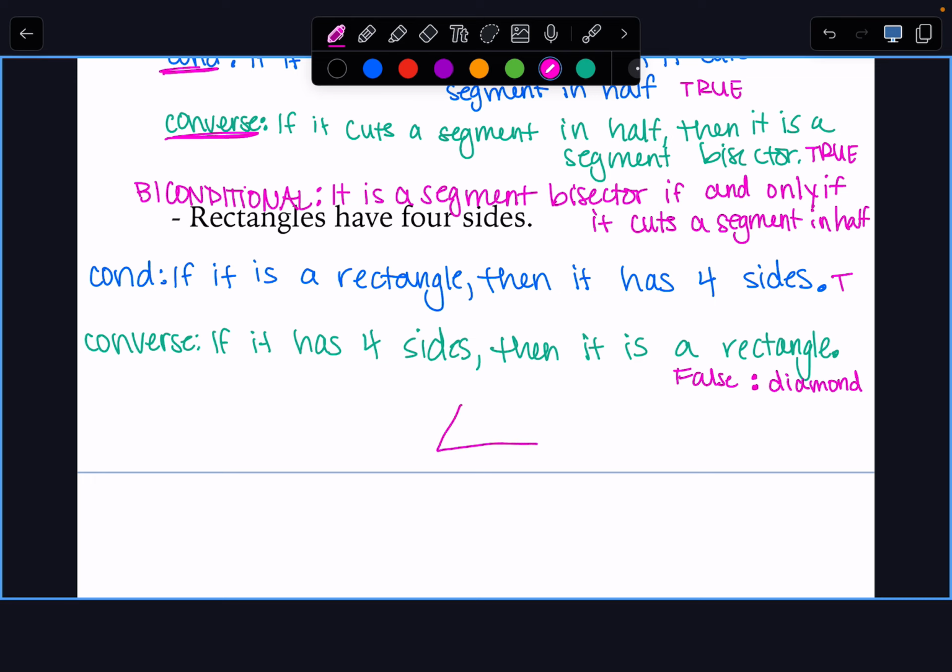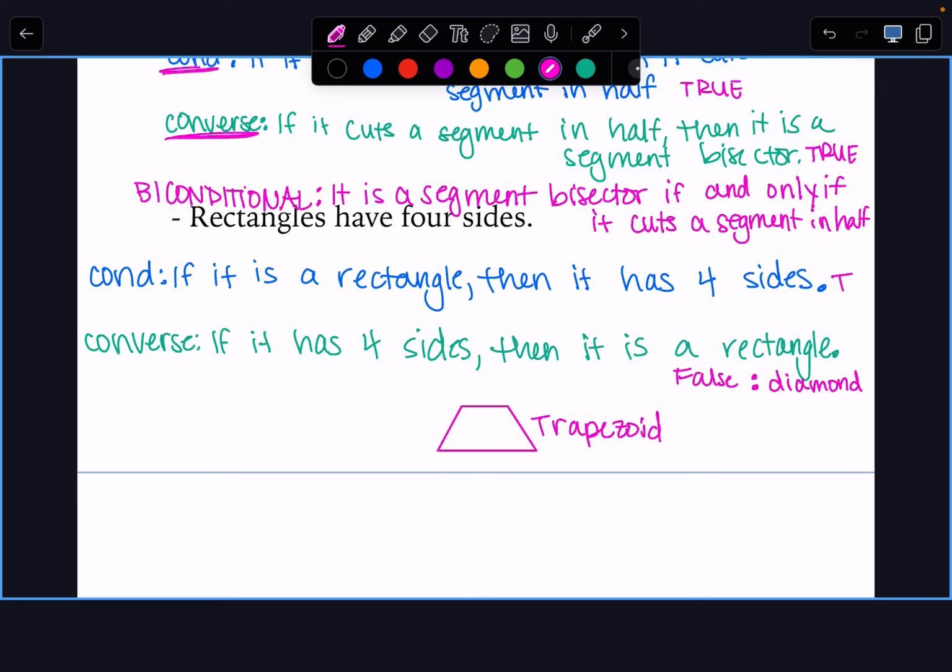That is a trapezoid. Okay, cool. We could say a trapezoid is a rectangle. A trapezoid has 4 sides. A trapezoid, a diamond, a rhombus. Those would all be great counterexamples.